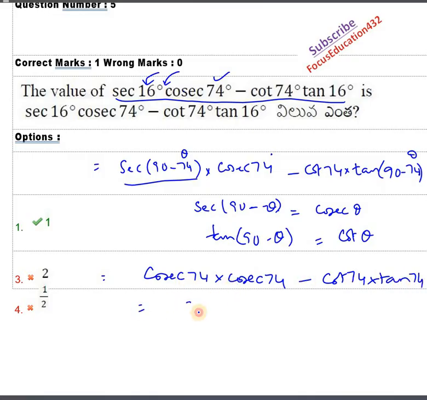Cosec into cosec means cosec square 74, minus cot into cot, cot square 74. What is the identity? Cosec square theta minus cot square theta is 1. Instead of theta we have 74. So the correct answer is 1 for this question.